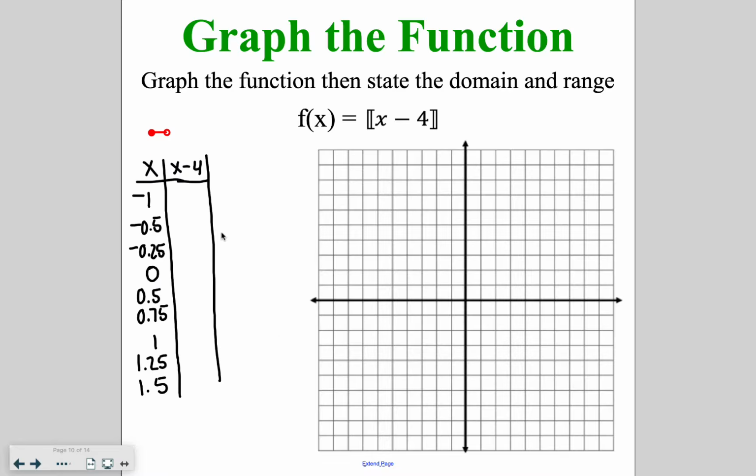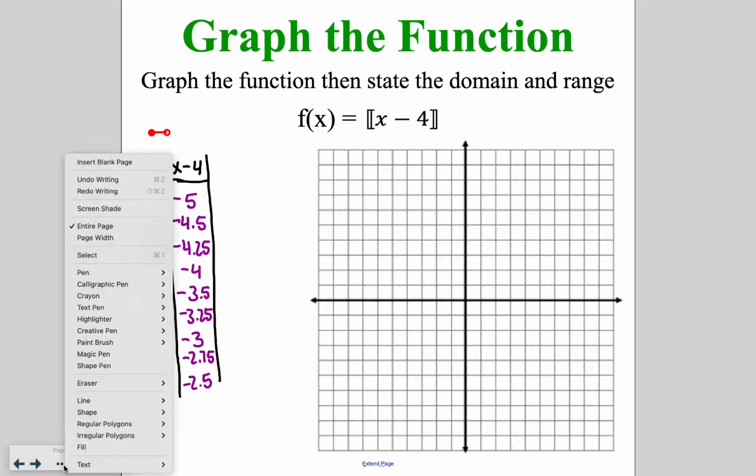So when I solve those, I have -1 minus 4, which is -5, -0.5 minus 4, which is -4.5, and then -4.25 here, and then we've got -4, and then we've got -3.5, then we've got -3.25, then we've got -3, -2.75, and -5. So as I do all of that subtracting, I get these decimal values.